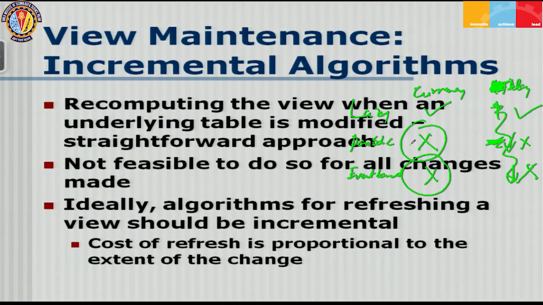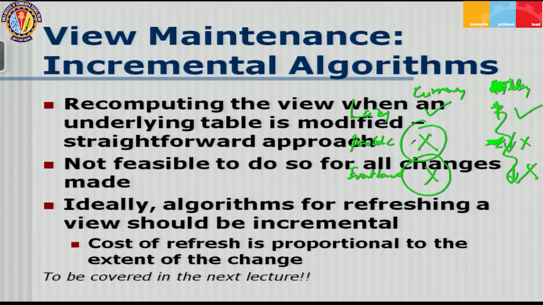So what are incremental algorithms basically? Cost of refresh: suppose I inserted one tuple or 10 tuples in a relation R. The cost of updating the materialized view based on R should be proportional to the size of the update or to the extent of the change, right?